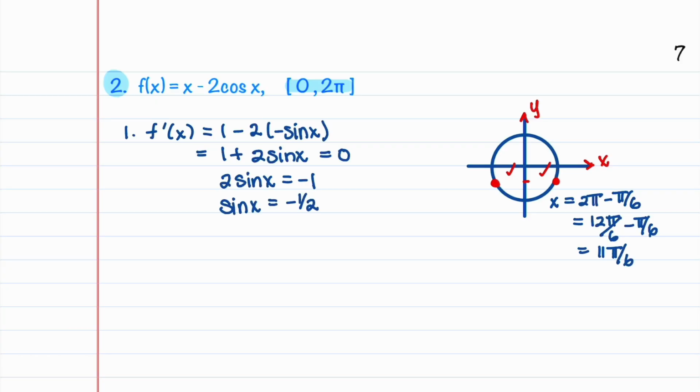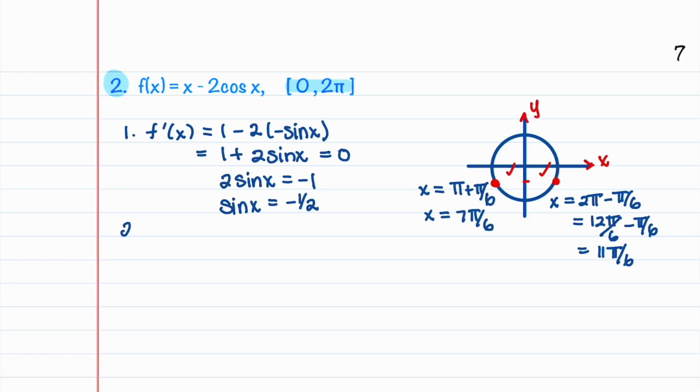And then over here in our third quadrant, x is equal to pi plus pi over 6. I have a video on reference angles if you need to brush up on that. And this gives us x is 7 pi over 6.